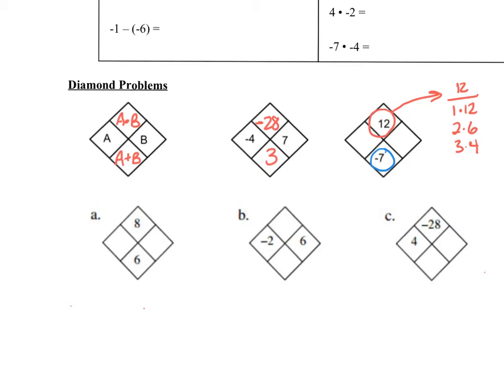So the only way to get the top number to be positive and the bottom number to be negative is if both values I'm multiplying and adding together are negative. So now it becomes pretty obvious that -3 and -4 is the way. If I add those together, I get -7. If I multiply them together, I get +12. So there's my answer, -3 and -4. Now the diamond is completely filled in.